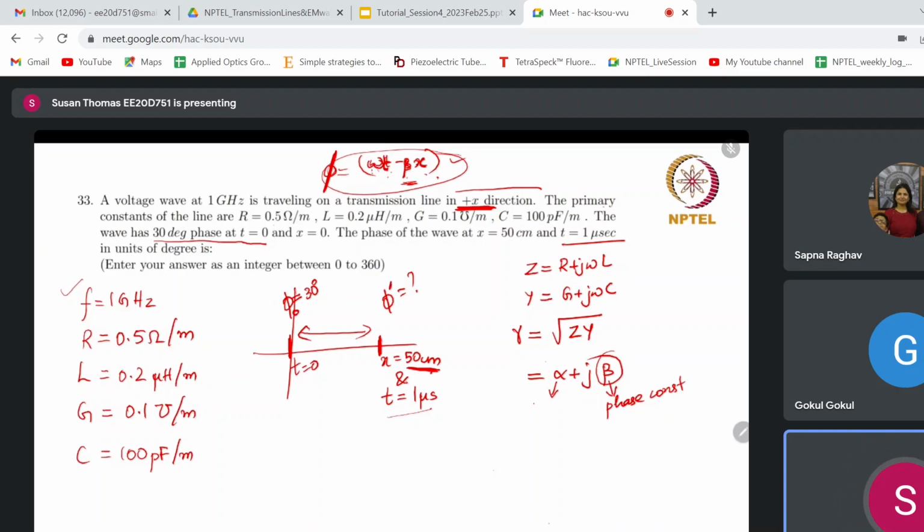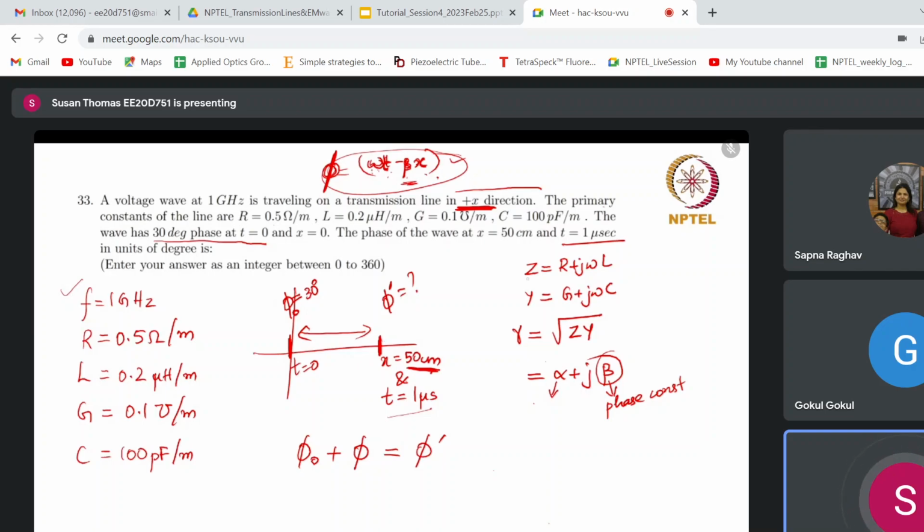The acquired phase is phi. So phi naught plus acquired phase phi will be phi dash. So this is the concept of the problem. Is this concept clear? Yes, ma'am.